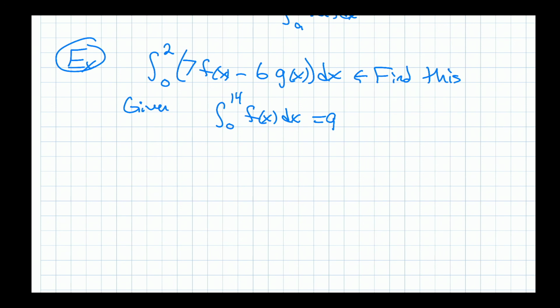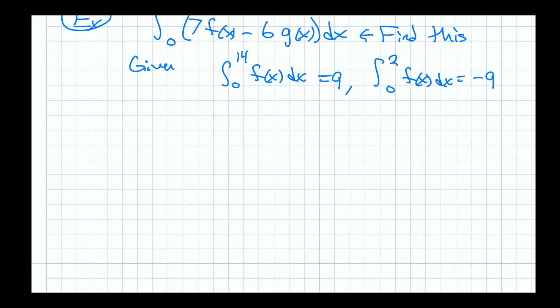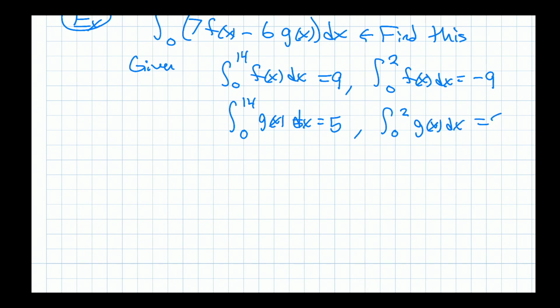The integral from 0 to 2 of f of x dx is negative 9. The integral from 0 to 14 of g of x dx is 5, and the integral from 0 to 2 of g of x dx is 3.